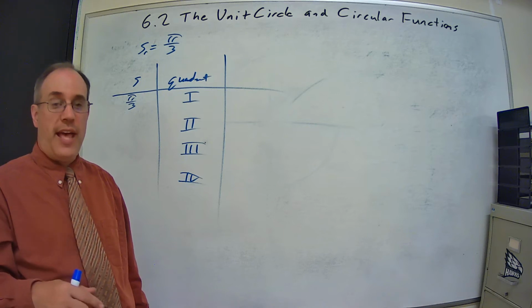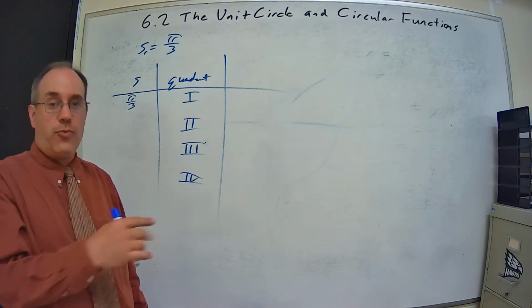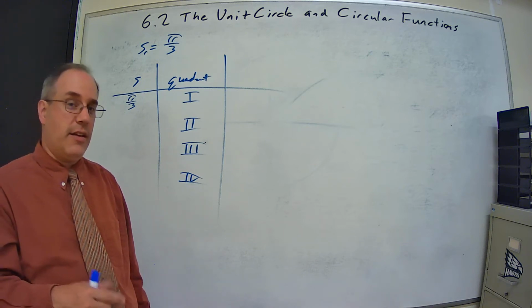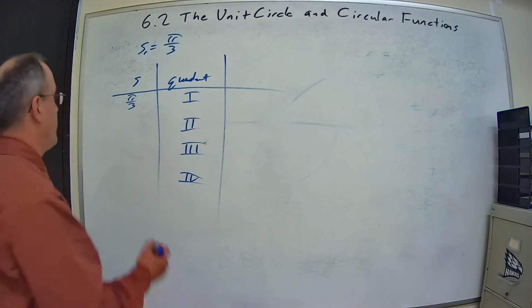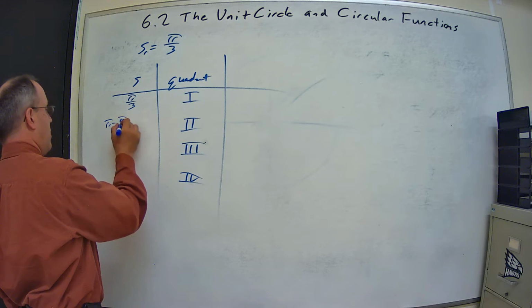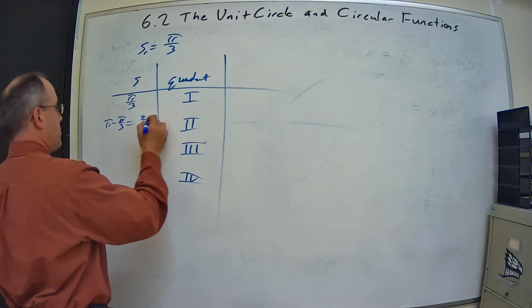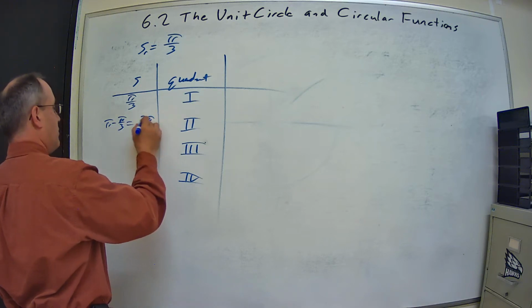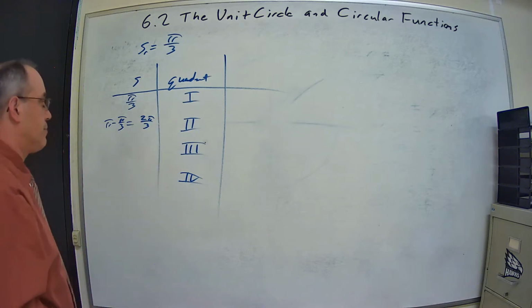Well, remember that in radians, 180 degrees is pi, so it's going to be pi minus pi over 3, which gives us 2 pi over 3.